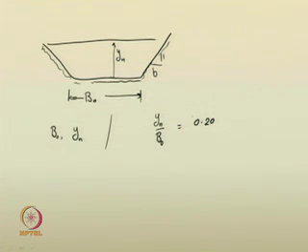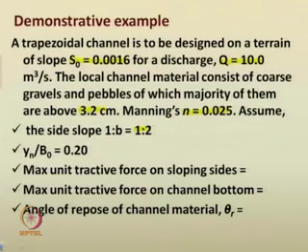Like that, one can easily suggest the criteria. If you want less than this, go ahead, you can just try that. So, let us start with the design procedure. What could the maximum unit tractive force on the sloping sides be? From the literature it is observed that, okay, I will write it on the next page.